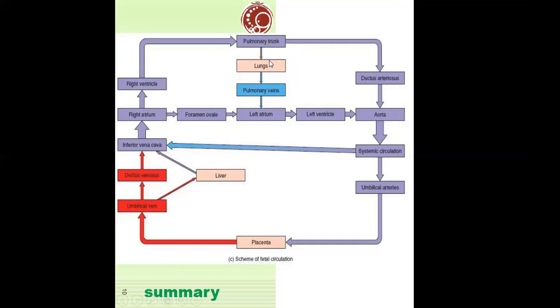You see, to the lung we have a little amount of blood because at this stage the lungs do not need the oxygen as in postnatal life. And the maximum blood will go to the descending aorta through the ductus arteriosus. And from there, it will go to the systemic circulation, to the umbilical artery and to the placenta.